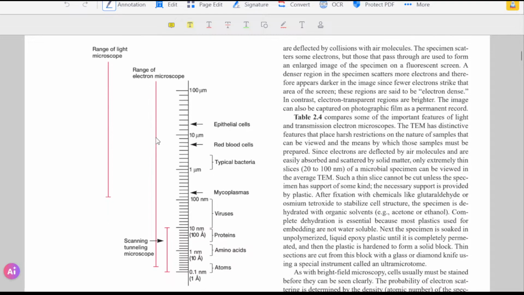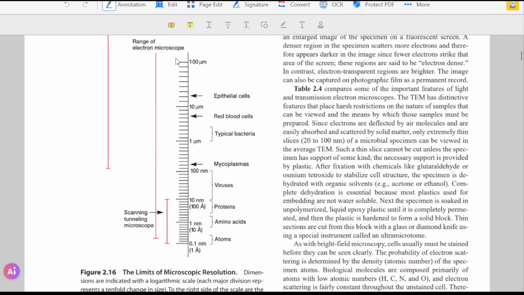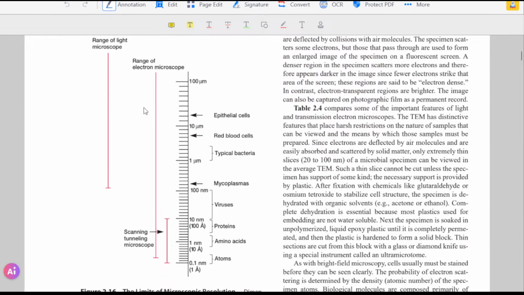The range of the light microscope, while the range of the electron microscope. So if you take the scale 0.1 nanometer, and we said that the resolution is 0.5 nanometer, right? And you take it 100 micrometer, so the light microscope will go only to 0.2 micrometer. 0.2 micrometer exactly here, right?